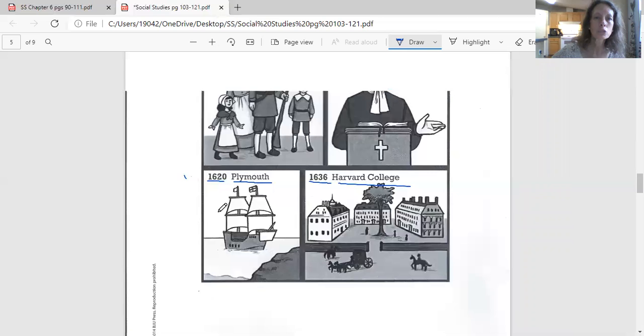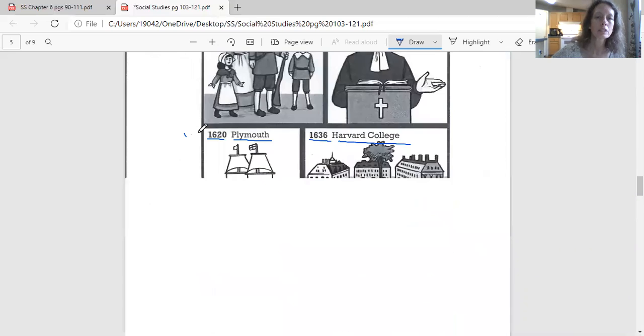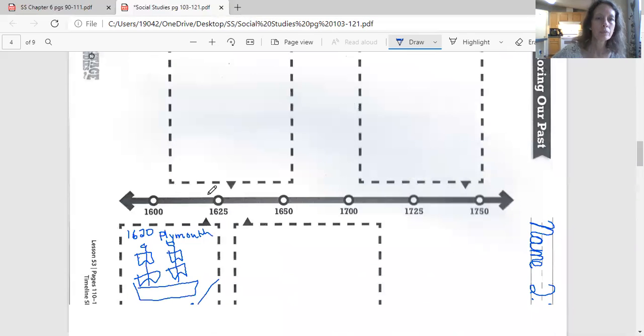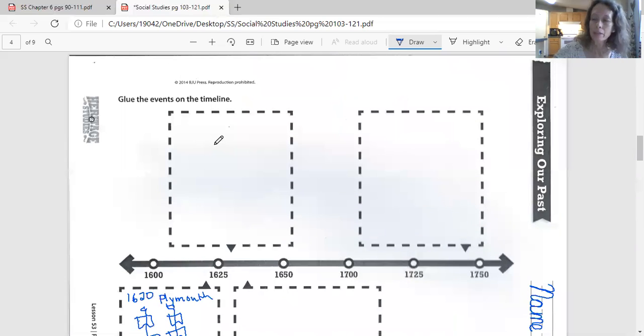After 1620 comes 1630. Let's see if we have anything on our timeline on 1630. Oh, there it is right there. In 1630, we know that Massachusetts Bay happened. 1630 was Massachusetts.